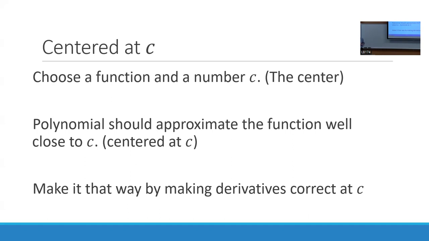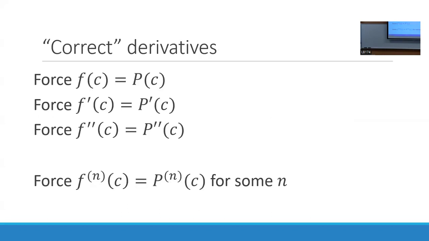This will make more sense when we get into an example. When I say making the first and second and third derivatives correct, what I mean by that is I want the function to match the polynomial at center C, but then I want the first derivative of the function to be the same as the first derivative of the polynomial at C, and the second derivative of the function to be the second derivative of the polynomial at C, and so on and so forth until I get to some n, which is going to be the degree of my polynomial.